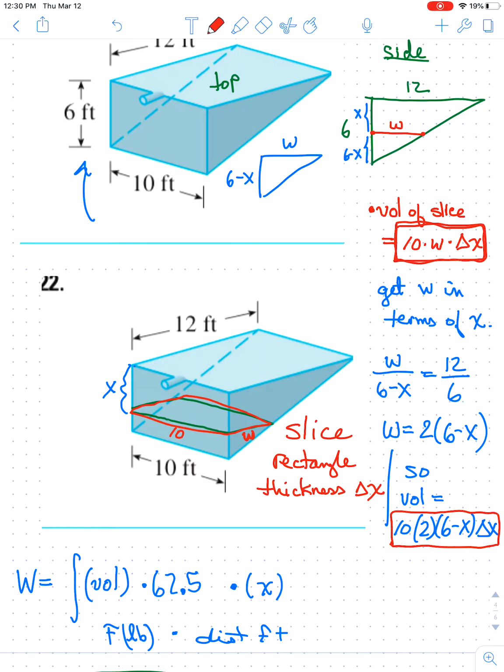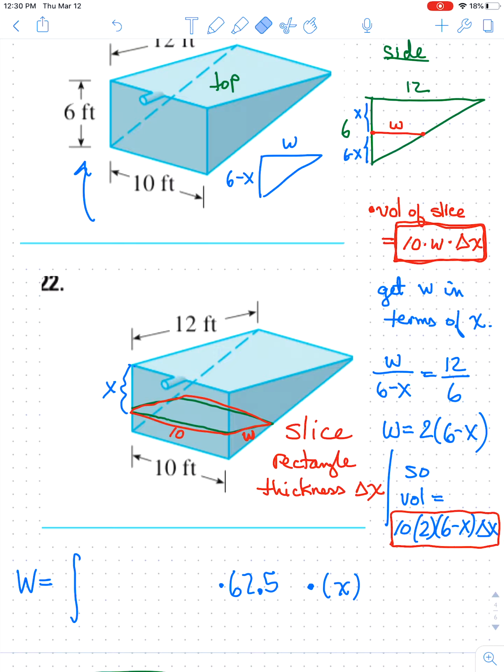Okay. So let's go ahead and put everything together. Let's move this apart a little bit and get rid of this stuff down here. And for our volume, we're just going to write that in. So we're going to get 10 times 2 times 6 minus x, so that's going to be 20 times 6 minus x.